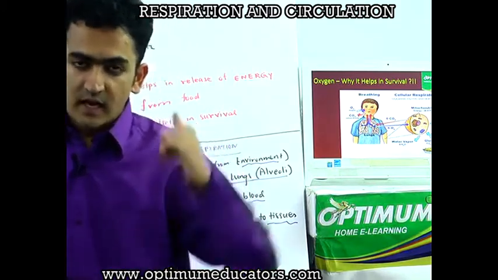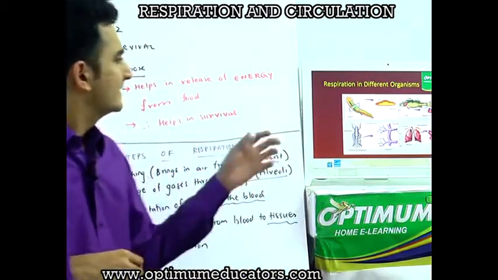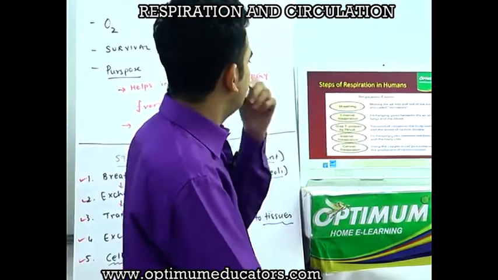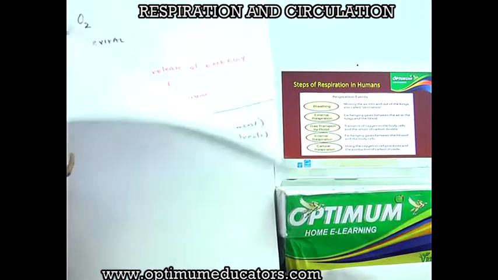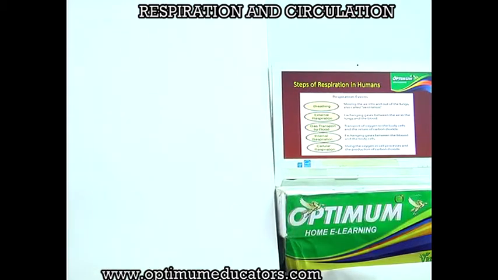Okay, so I hope these steps are clear. We have a slide on these steps which I'm trying to refer to. You can pause your screens and read more about them in detail.